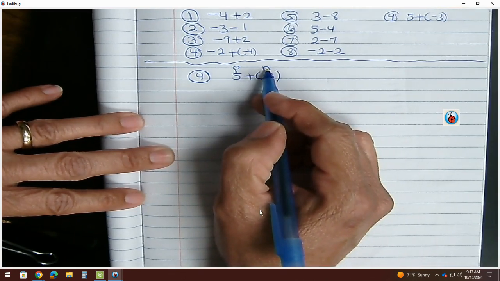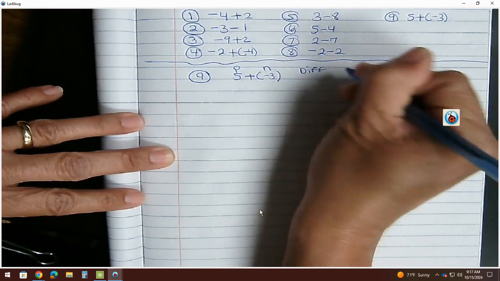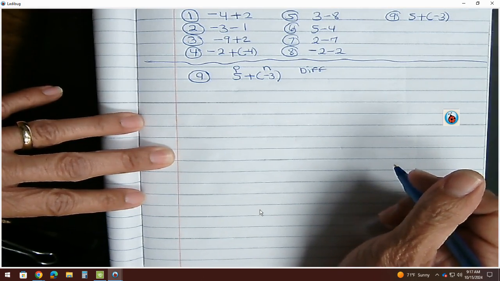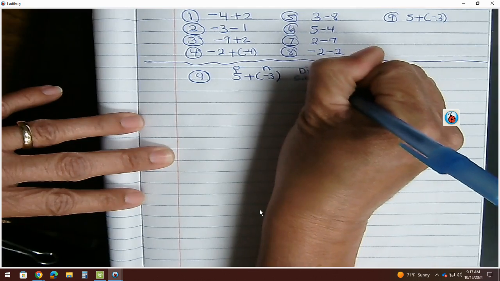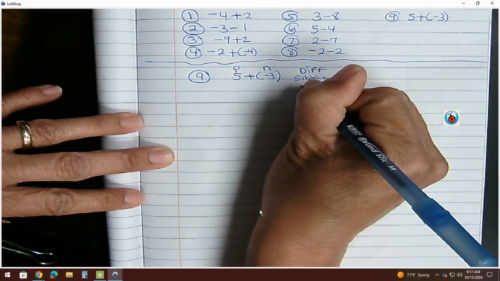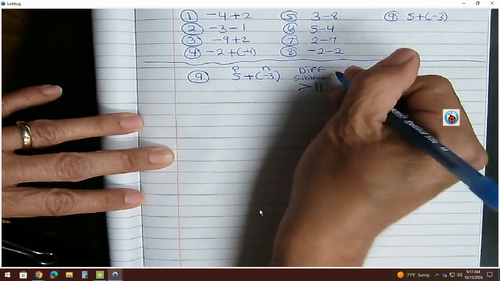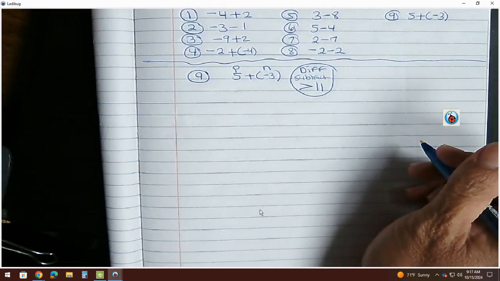That's not same, that's diff. So let's put diff. Diff reminds you of the word difference, and in elementary, difference means to what? Subtract. And who are you going to keep at the end? Greatest absolute value. Okay? Questions?